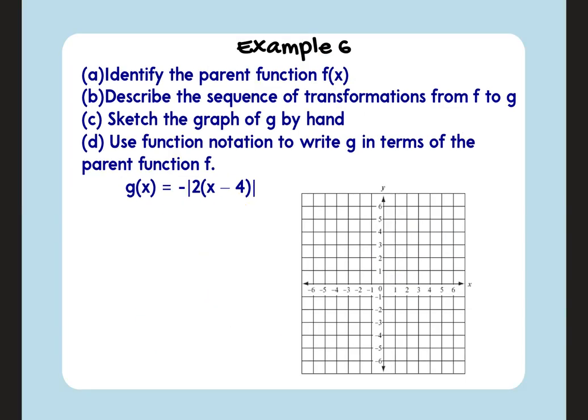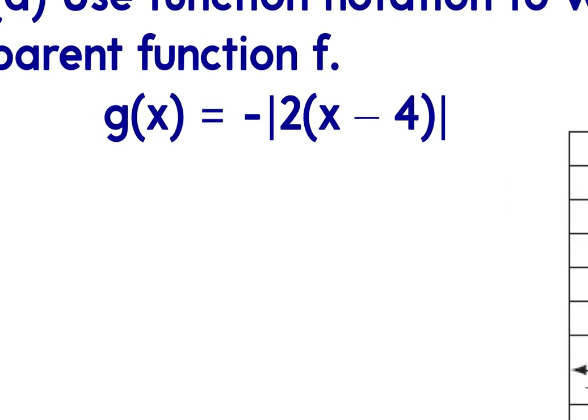Identify your parent function. So what is f of x? Absolute value of x. It looks like a V. Let's describe the sequence of transformations from f to g. So the minus on the front, what happened? Reflection, specifically over the x-axis. It flips it upside down.